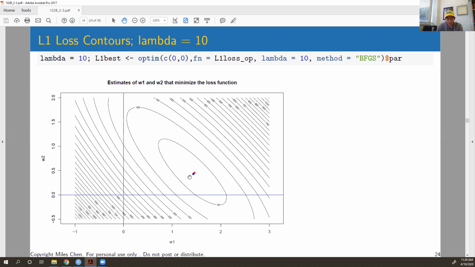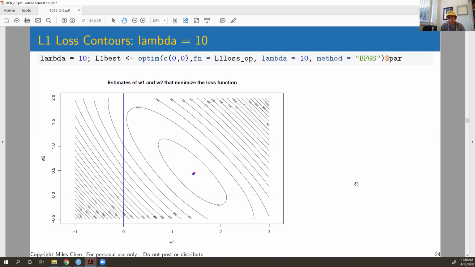The blue dot represents the coefficients that minimize the regularized loss when lambda is equal to 10. I'm going to keep increasing lambda, and you will see how the contours change and how the coordinate of the best W1 and W2 terms will also change.